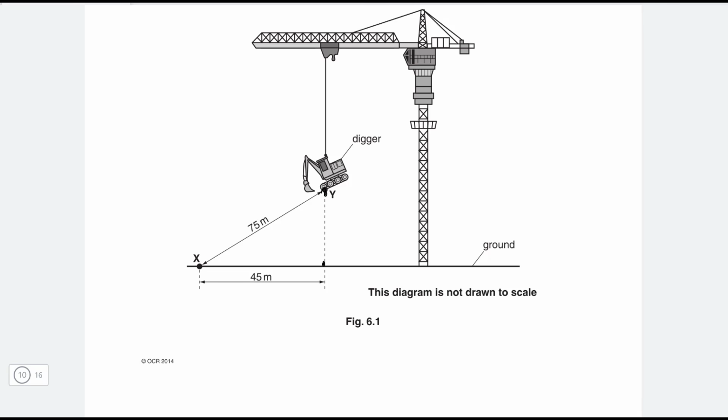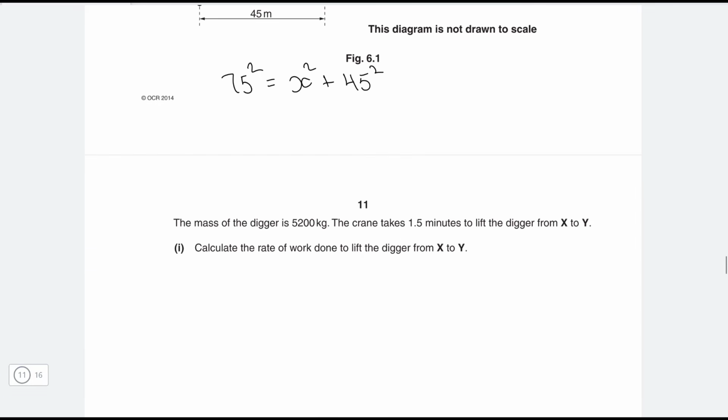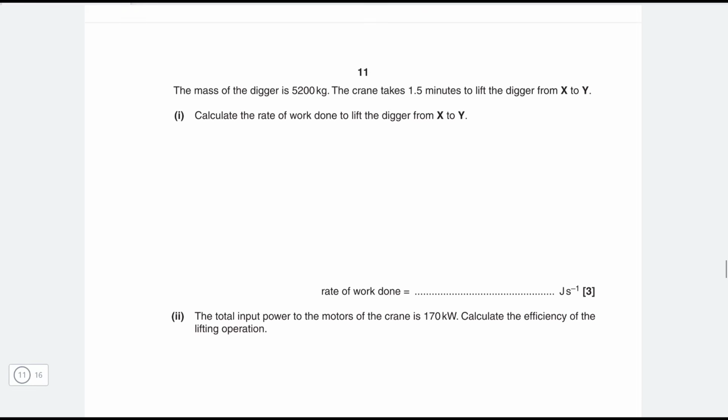We can just use Pythagoras. Let's say this side here is x, then we can write down that 75 squared is going to equal x squared plus 45 squared. I'm just doing this on this page because the diagram is here, but please make sure to always write down your answers and all your work in the actual space provided in the question.